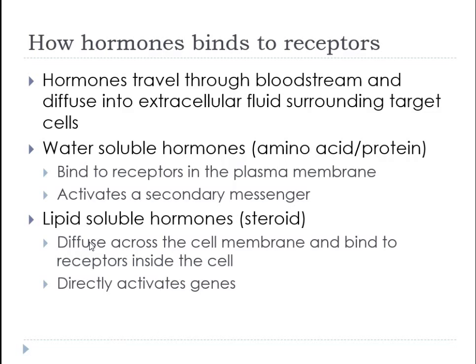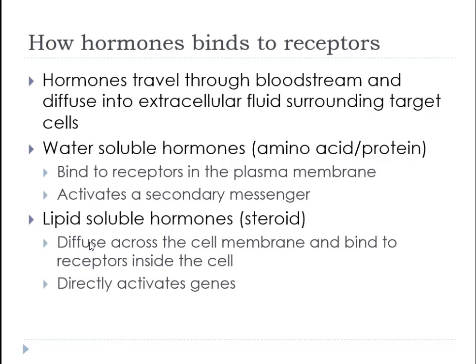A hormone's going to bind to a receptor because it travels through the bloodstream. The water-soluble ones, which is another name for hydrophilic, are going to be the amino acid protein based ones. That's the majority of them. They're going to bind to a receptor in the plasma membrane and activate a secondary messenger, a G protein, which we'll talk about soon.